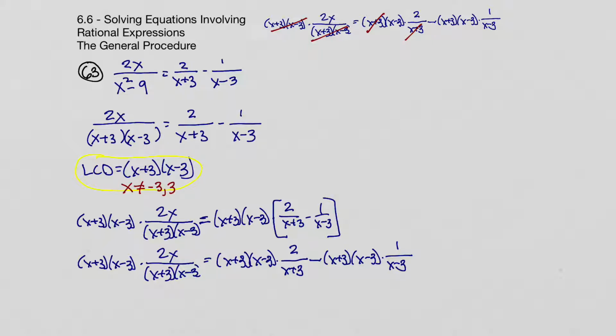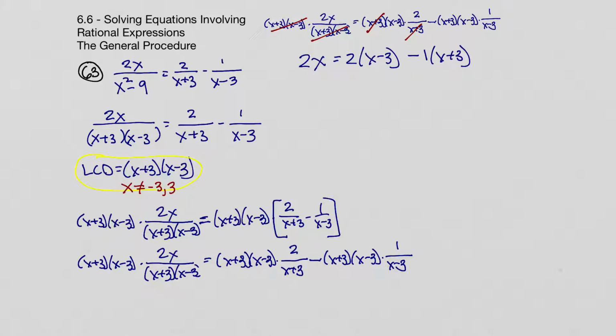So let's write what we have. On the left side, we have this 2x, and on the right side, we're going to have 2 times x minus 3, then this minus sign, and then you can see that this x minus 3 is going to cancel with this one, leaving us with 1 times x plus 3. So we can write that. We'll get a 1 times x plus 3.